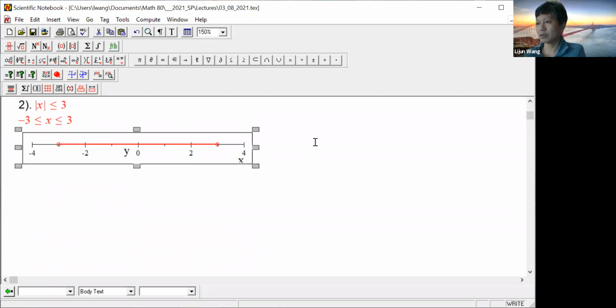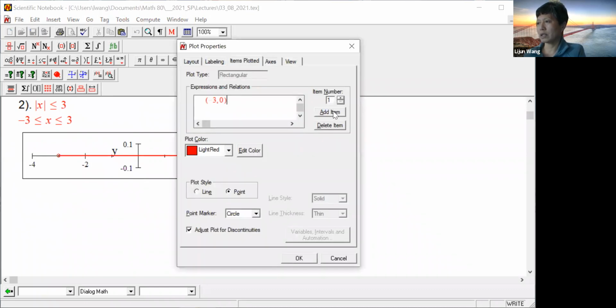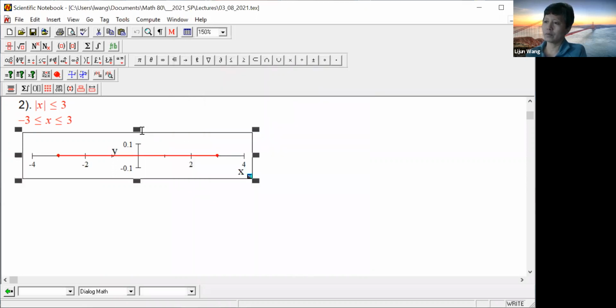I'm going to show you the other version, because this time you're going to have dots. Okay, now that's a dot. There's another dot. 2 dots.